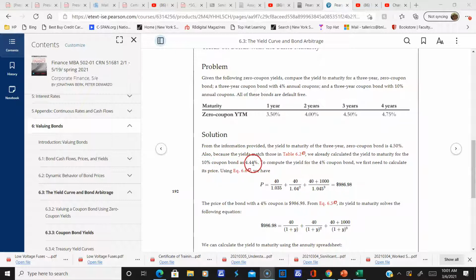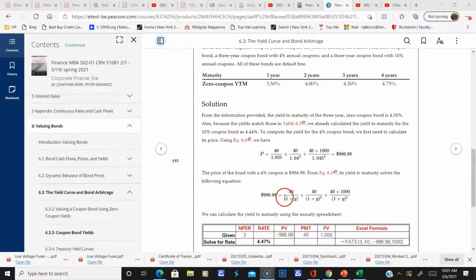As 4.44%. To compute the yield for the 4% coupon bond, we first need to calculate its price. So using equation 6.6, here are the yields from here. The $40 is the 4% coupons, and here are the zero coupon yields from here, and we get that price.